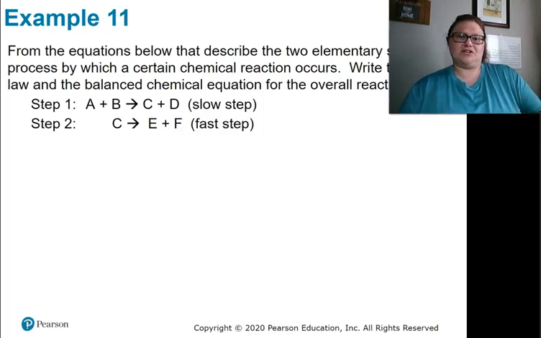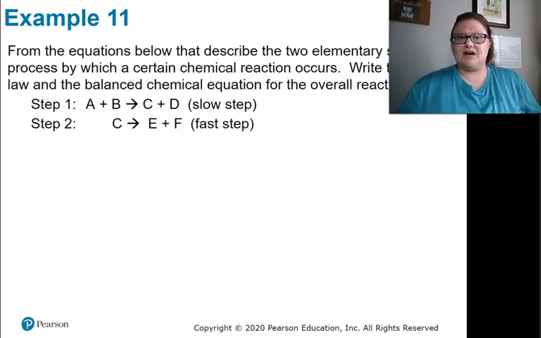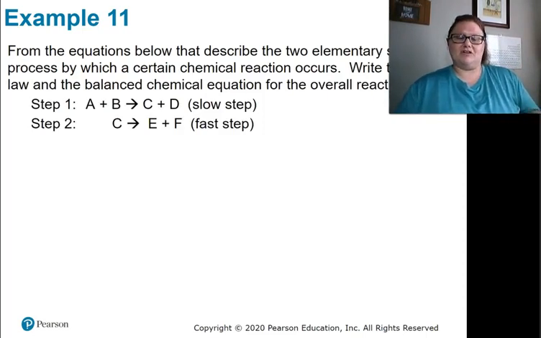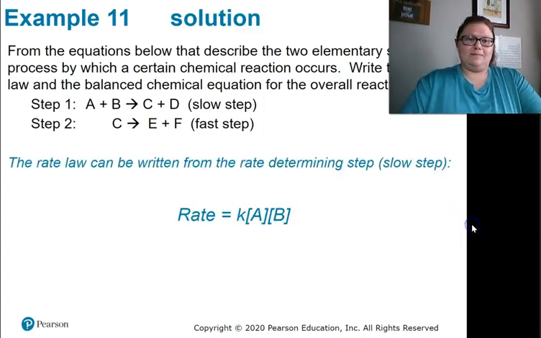We see the formation of products C and D, and so apparently that takes some time. A and B are completely consumed in that reaction. But then look at step 2. The C that we formed as a product in step 1 is now decomposing into new products, E and F, and that occurs fast.